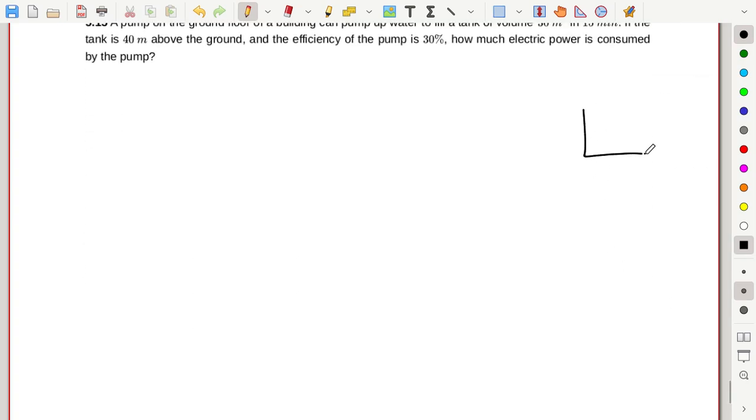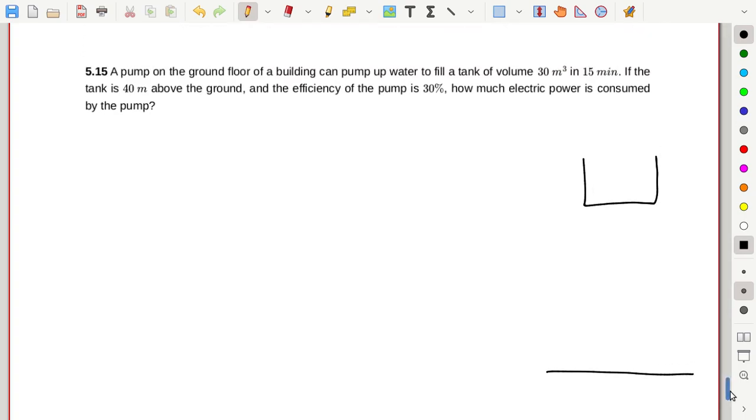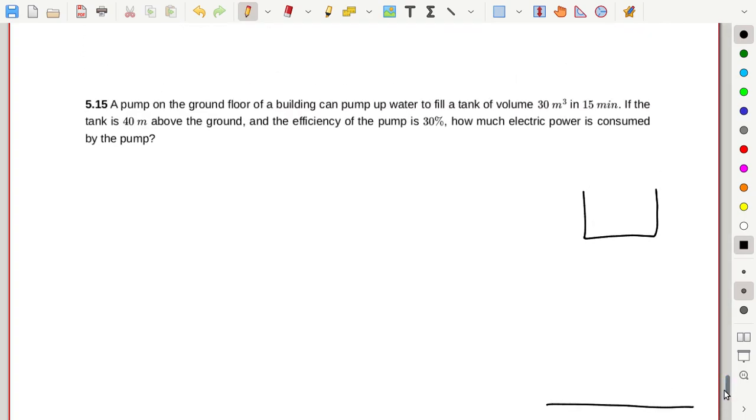So this is the problem. We have an overhead tank, and this is the ground level. The tank is at 40 meters from the ground level, and the volume of the tank is 30 meter cube. So length, breadth, and height give 30.